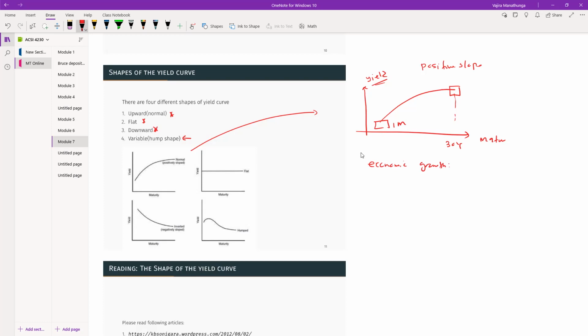Okay, so if the economy is going to grow, then what's going to happen in the future? Let's say in 10 years, there's going to be higher inflation. If there is high inflation, then you need a rate higher than now to compensate, to have a real effect on the return you are getting.